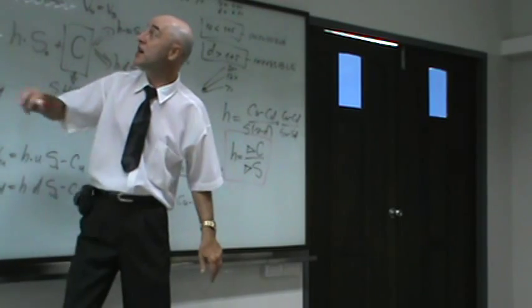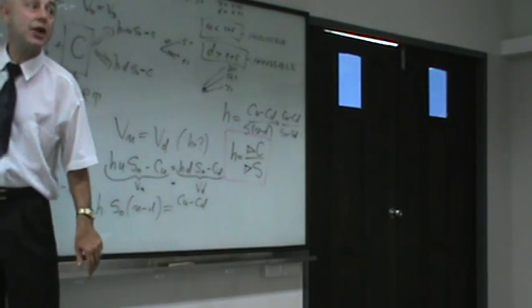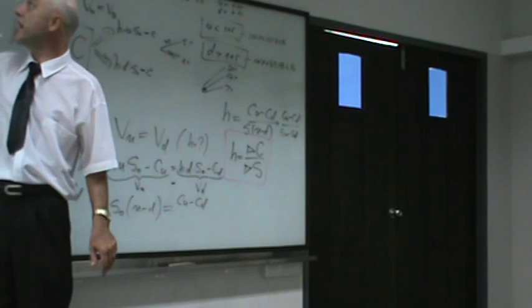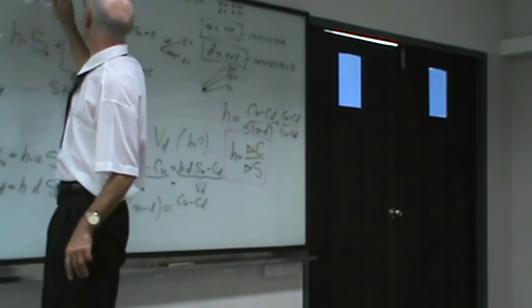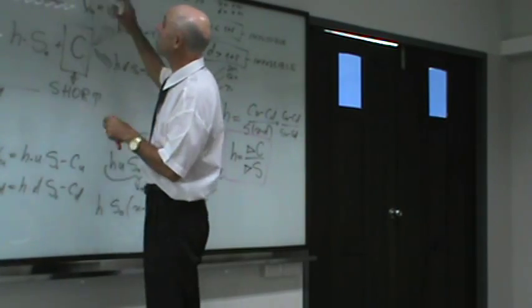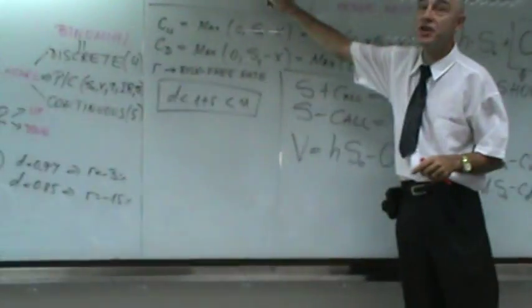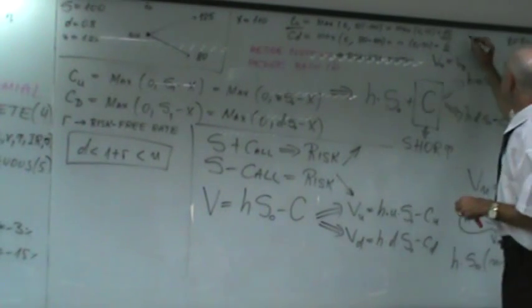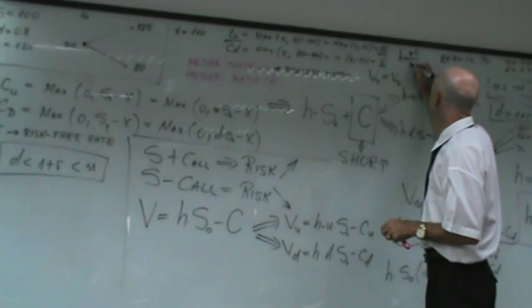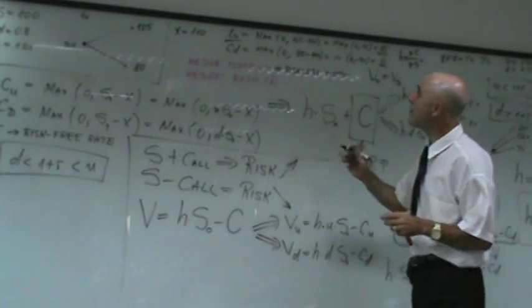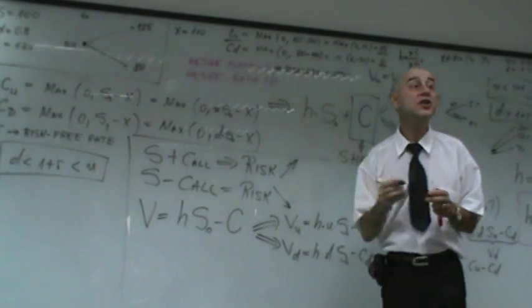And now we need an example with a calculation here. The question is, for our example over here, the hedge equals change in the call to change in the stock. How much is the value of the call changing?